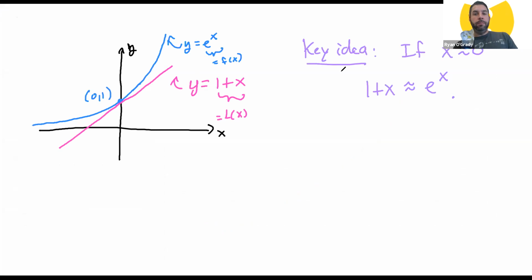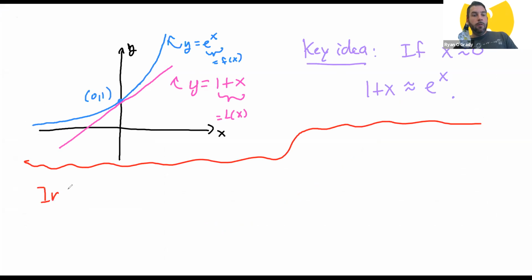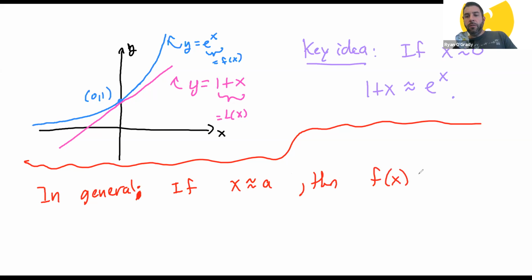So in general, though, and this is what you want to take, not just for the example but in general, if x is approximately a, then the function outputs can be approximated by the linear function. So this is an important fact.